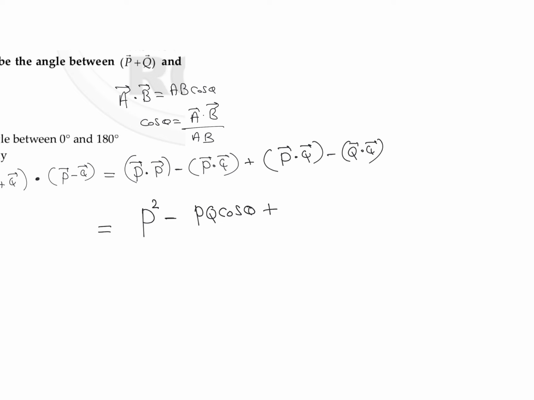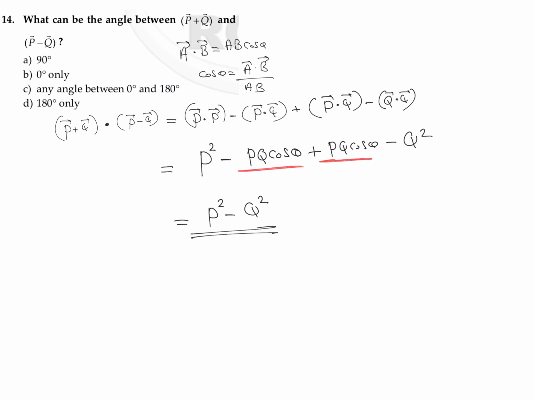Plus P dot Q is PQ cos theta, and minus Q dot Q is minus Q square. The minus PQ cos theta and plus PQ cos theta cancel, so the dot product of these two vectors is P square minus Q square.